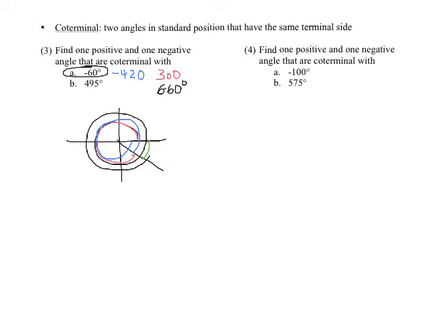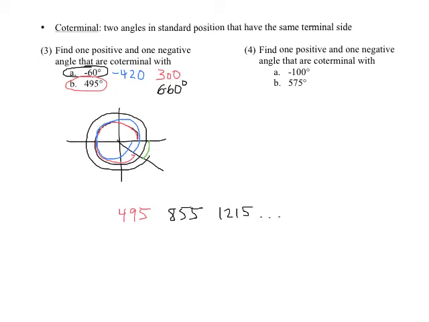So suppose we started with 495 degrees. If I take 495 and add 360 to it, I get 855. And if I add 360 to that, I get 1,215. And I could keep going.